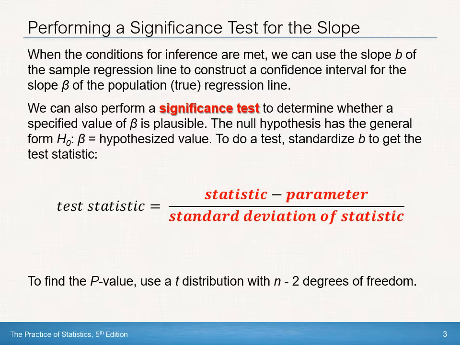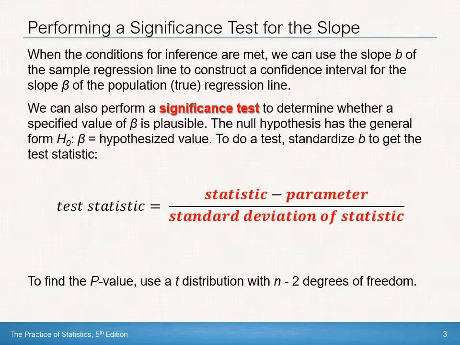So we are going to test whether we think the true population slope beta is a particular value or not. So we're going to calculate a test statistic. It will be the usual format: statistic minus parameter divided by the standard deviation of the statistic.